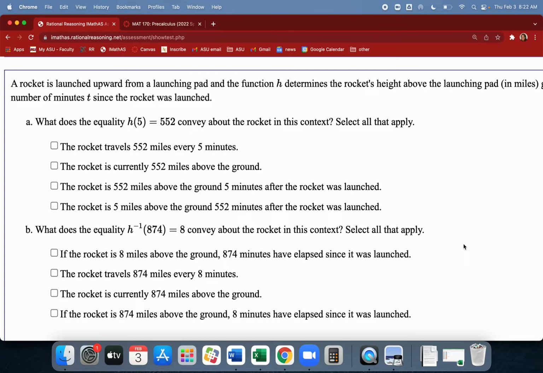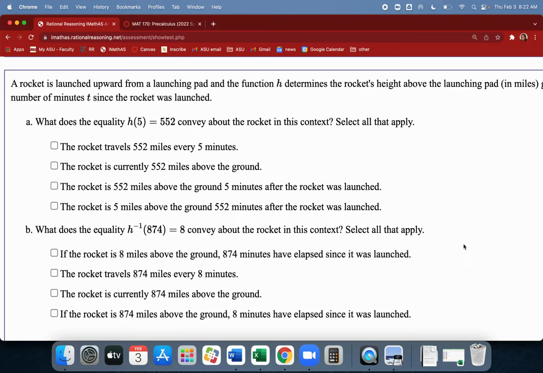So the rest of these, the first option says the rocket travels 552 miles every 5 minutes. That's got the right units. 552 is miles and 5 is minutes, but that's describing a rate of change. So it's saying something about the rocket going at a constant speed, and that's not what we know.